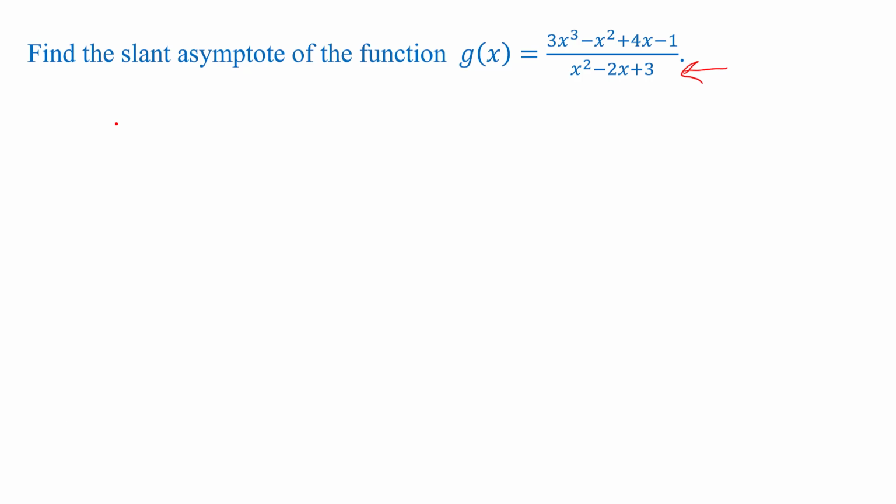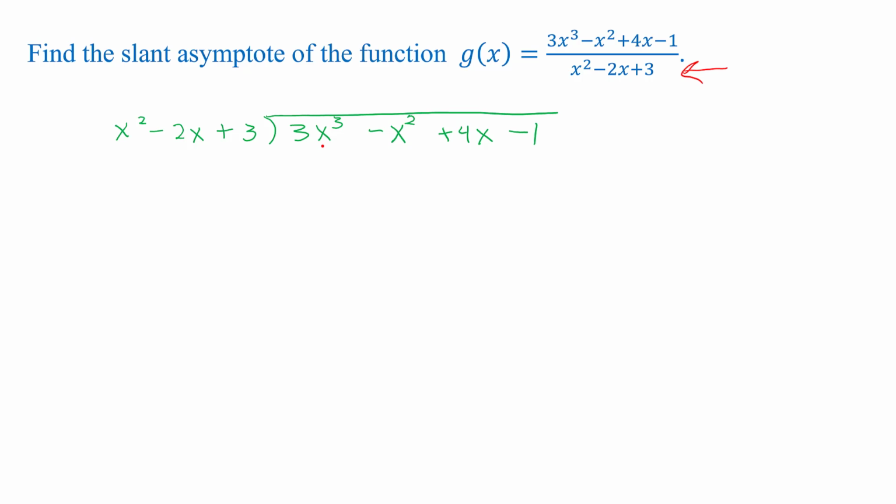So we have x squared minus 2x plus 3. We're dividing the denominator into the numerator of 3x cubed minus x squared plus 4x minus 1.